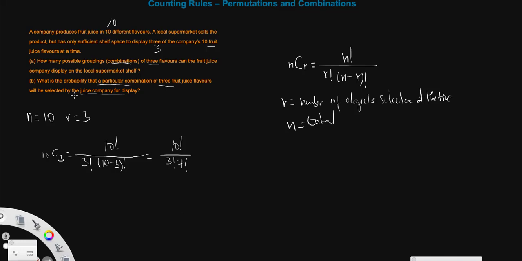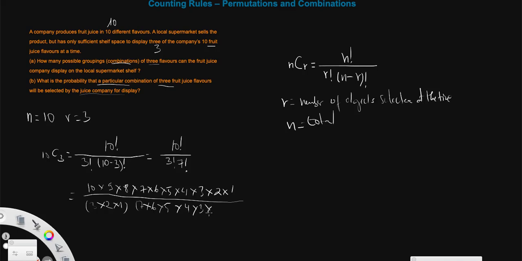Okay, and we know how this goes. If you have a calculator, this should be very easy to just plug in and do. But okay, let's just do it manually so that we all understand where the values are coming from.